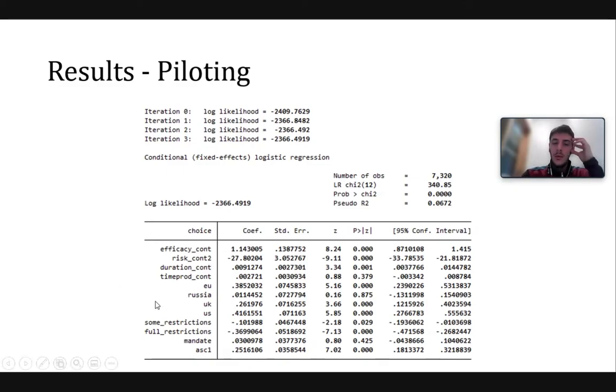Let's move to, I think, the most interesting part of this experiment, that is how people perceive the origin of the manufacturer. So our levels were vaccine from the European Union, from Russia, from the UK, and from the US. And we have also the Chinese option, okay?